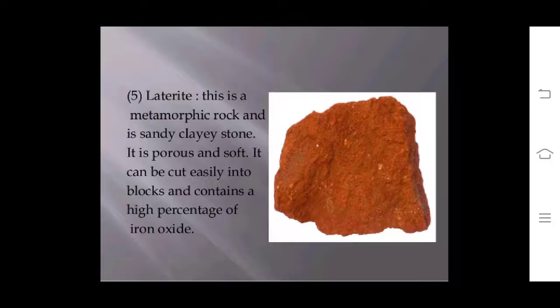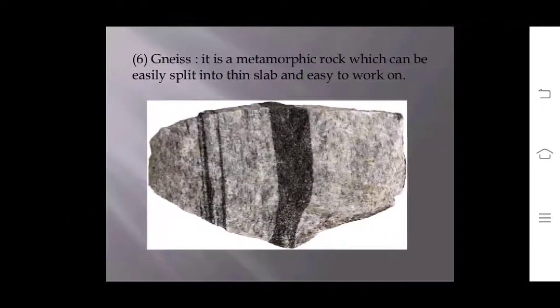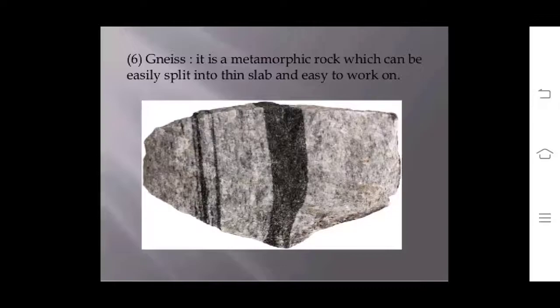Laterite. This type of stone is a metamorphic rock and is a sandy clay stone. It is porous and soft. It can be cut easily into blocks and contains a high percentage of iron oxide. Gneiss. It is a metamorphic rock which can be easily split into thin slabs and is easy to work on.